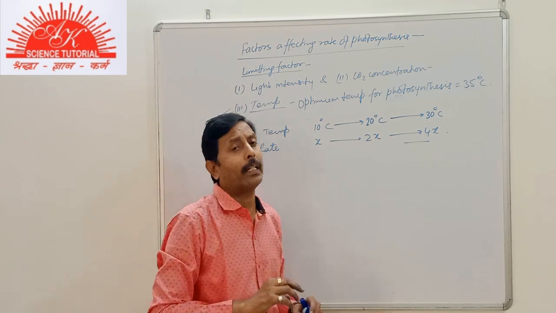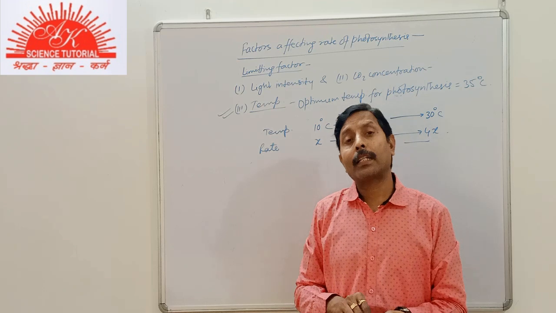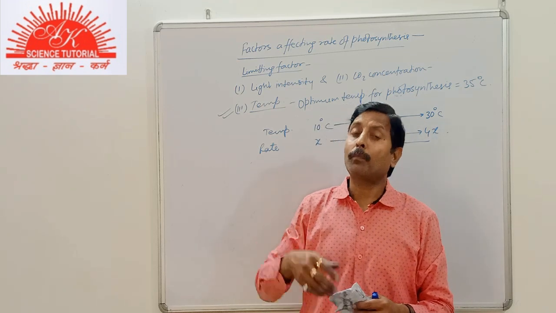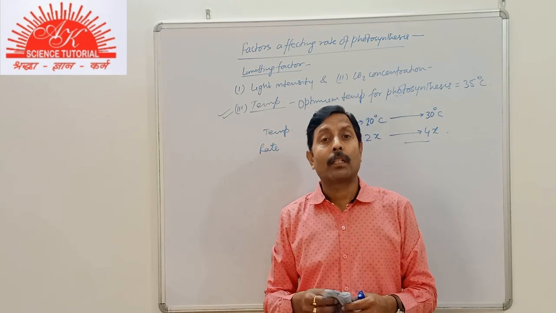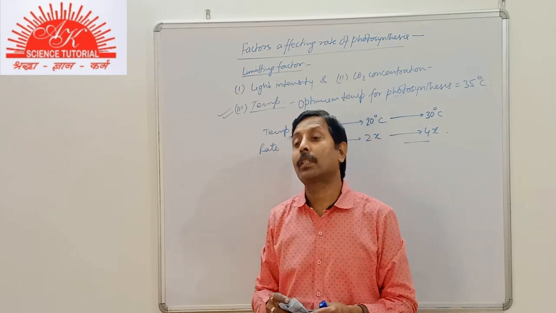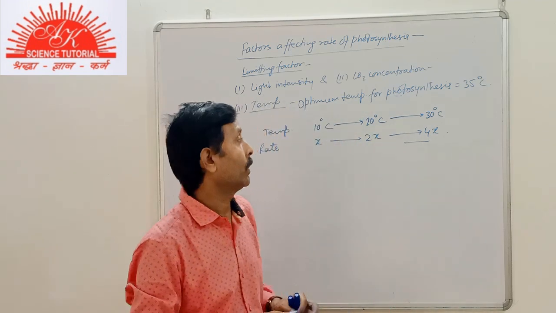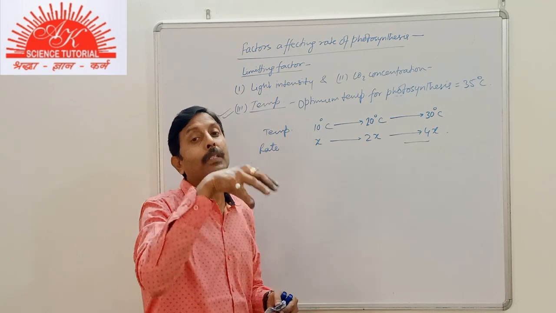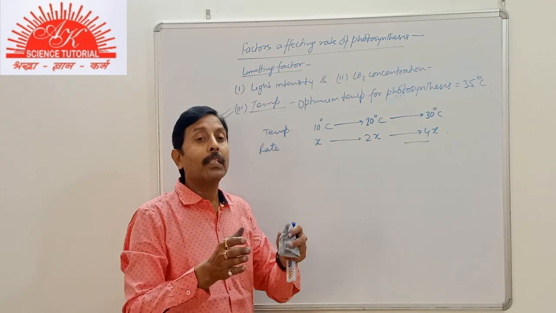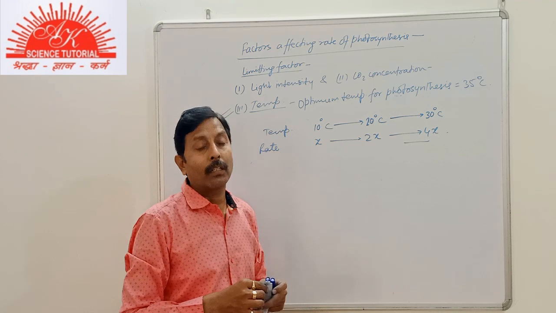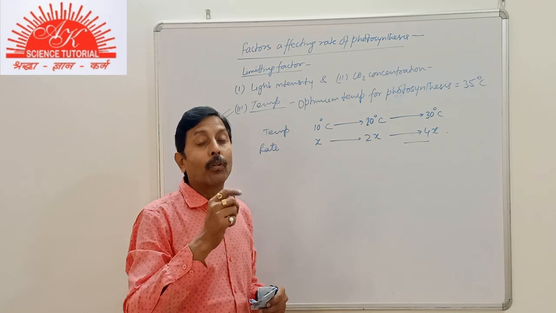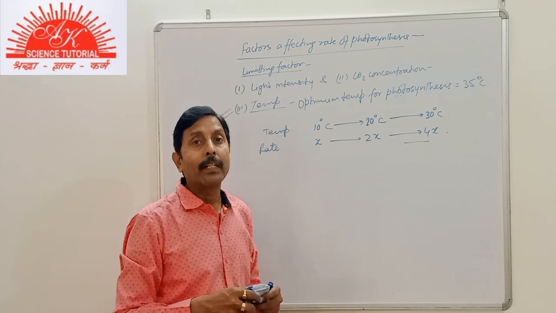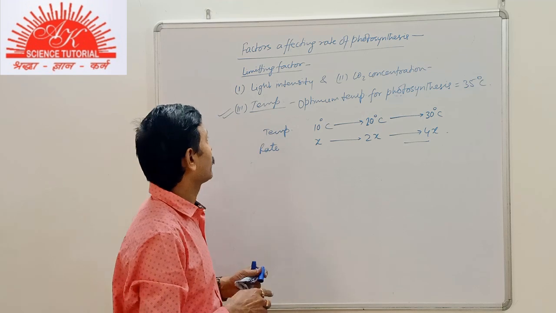Now, a question is asked that suppose we perform an experiment on photosynthesis, and ice cubes are placed, or it is kept in a cold condition, then the rate of photosynthesis will decrease due to the decreased temperature.